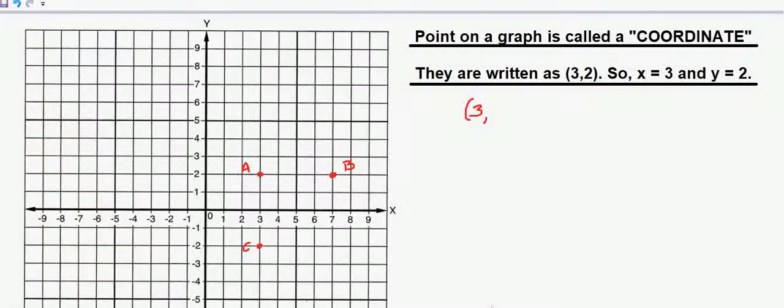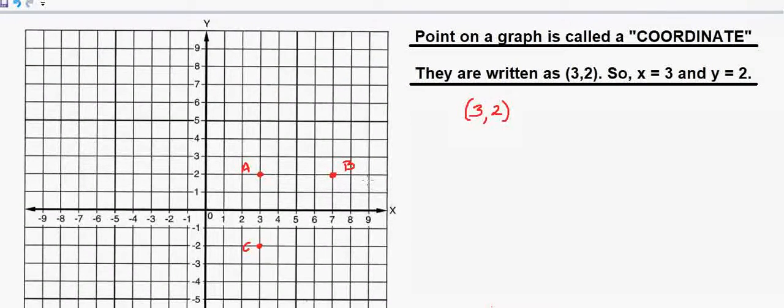And it's level with 2 on the y-axis, so we write in 2. Okay, so point A is at coordinate 3, 2. Okay, it really is that simple.